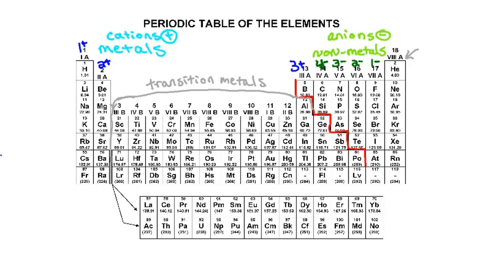And the thing about it is that some of the transition metals have an extra rule when you are writing out the formulas for their ionic compounds.